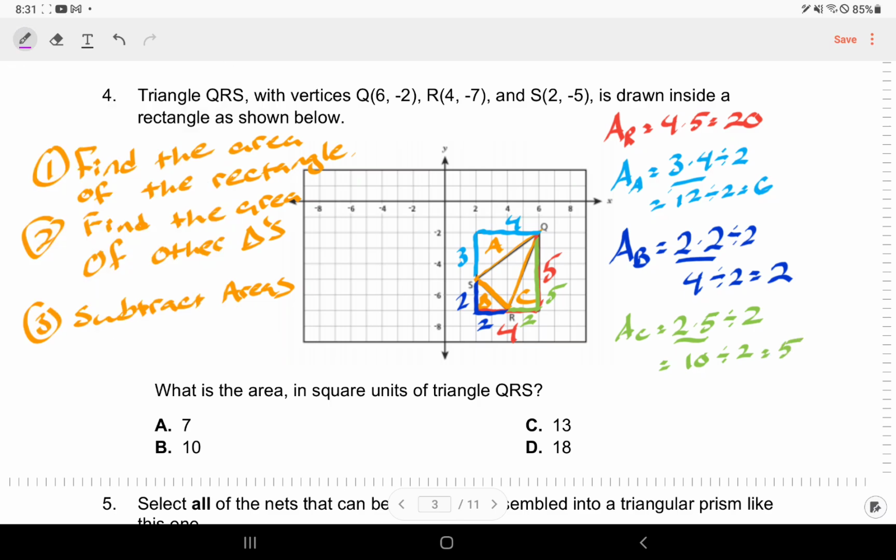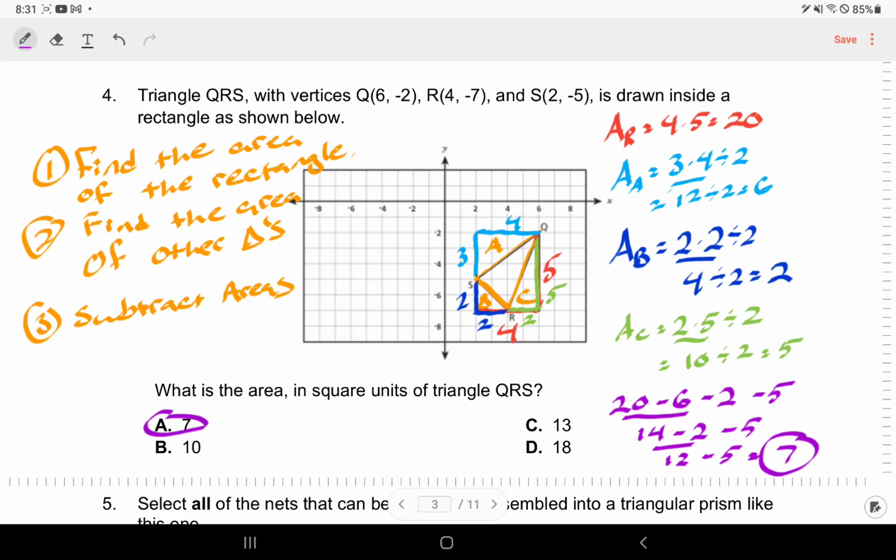And so now we do our subtraction. We do 20 minus 6 minus 2 minus 5. Well, 20 minus 6 is 14. Minus 2 is 12. Minus 5 is 7. And so that's our answer.